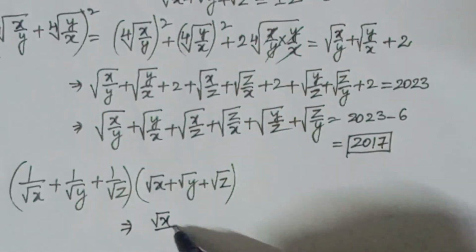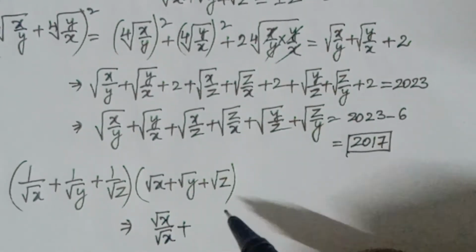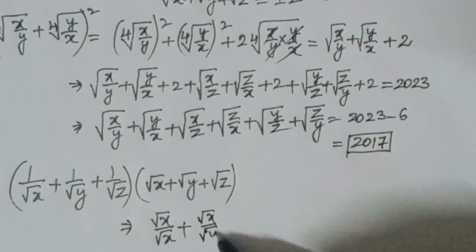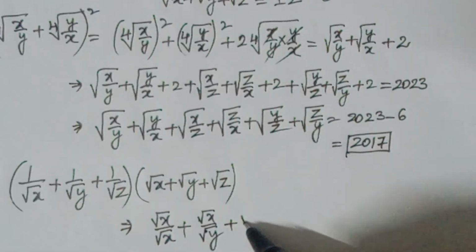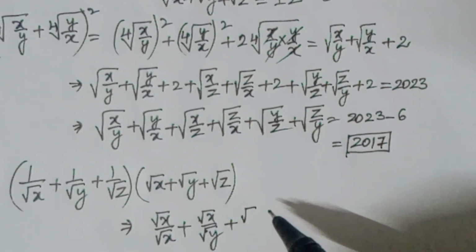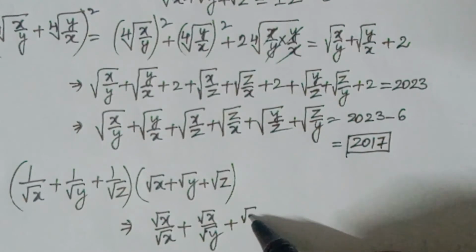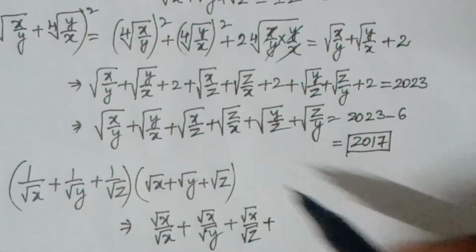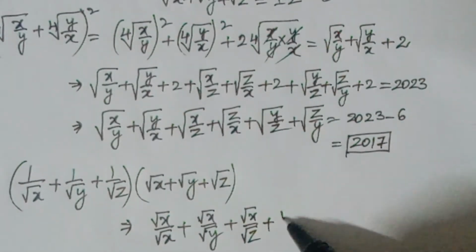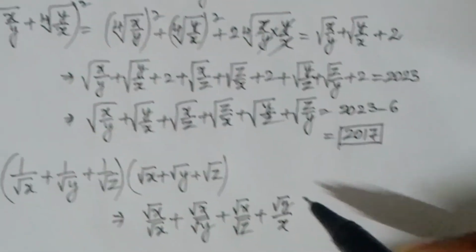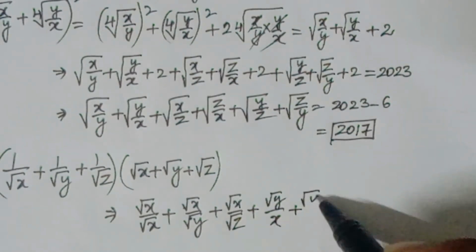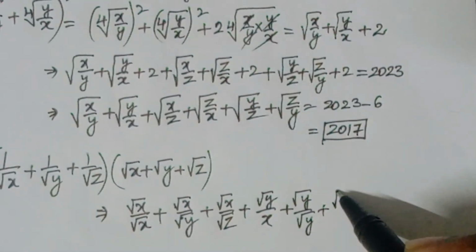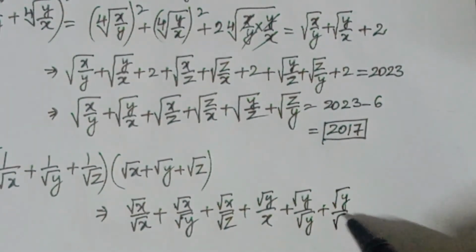First one is root x by root x plus second one root x by root y, third one root x by root z. If you multiply with root y: root y by root x plus root y by root y plus root y by root z.